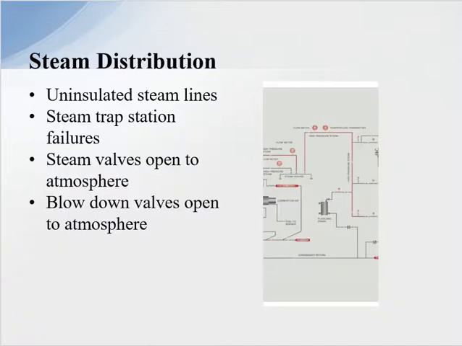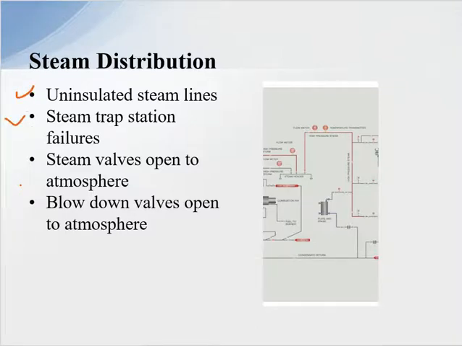Steam distribution system, uninsulated steam lines. Today we insulate everything. Everything needs to be insulated. Steam lines, valves, excess piping coming off of the system, but everything gets insulated. The other thing is steam trap station failures is another area that we have losses.